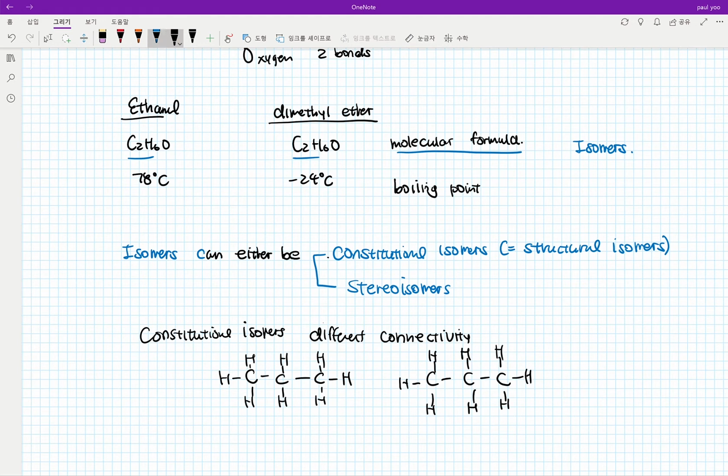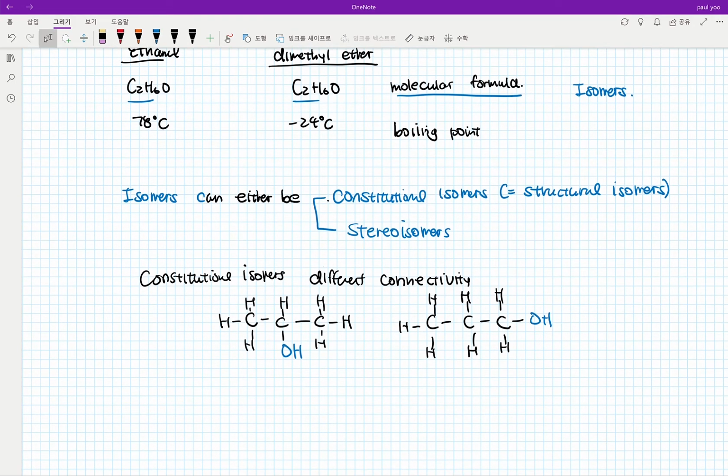But let me remove one hydrogen here and another hydrogen there and replace with OH. Now this molecule has OH connected to the second carbon, where this OH is connected to the first carbon.